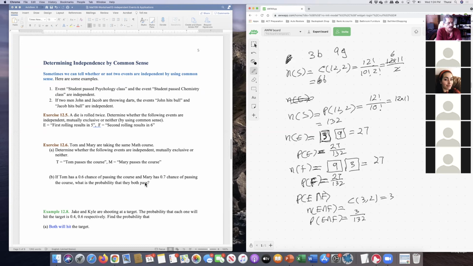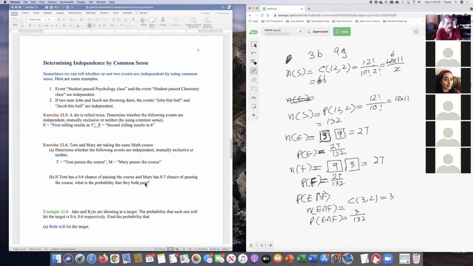One event is the student passed the psychology class, the other is the same student passed the chemistry class. Are they dependent on each other? Clearly not, right? Two different classes. Whether you pass psychology or not doesn't affect whether you pass chemistry or not. So they are independent events.